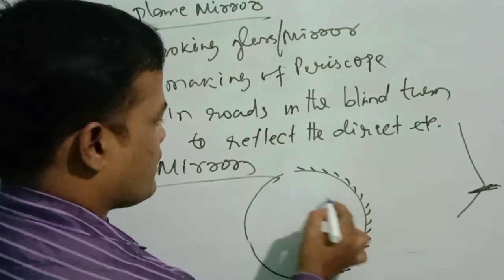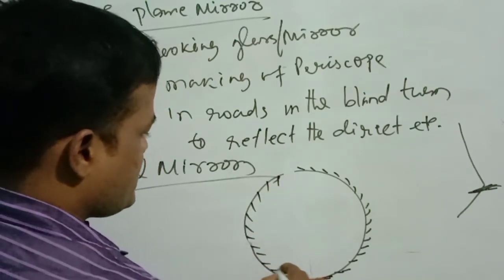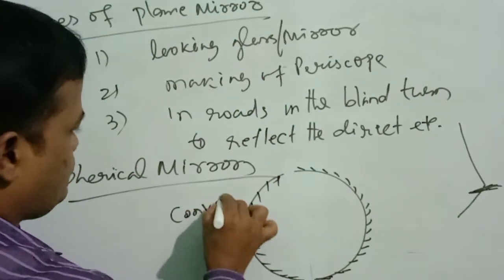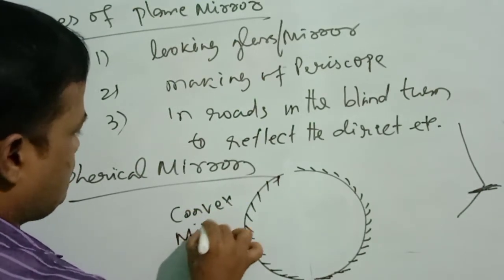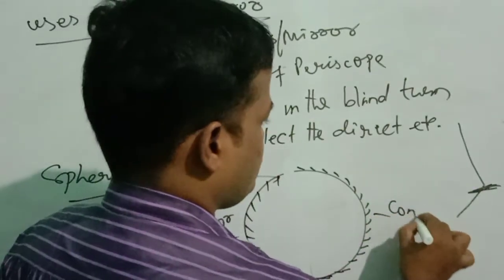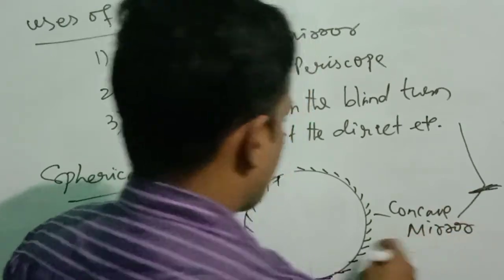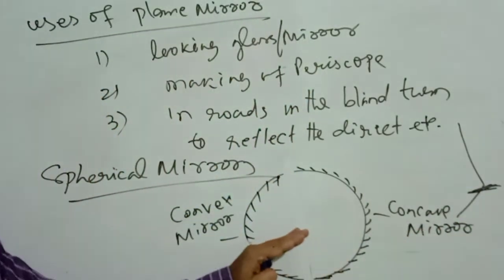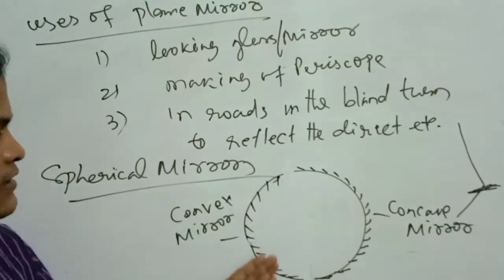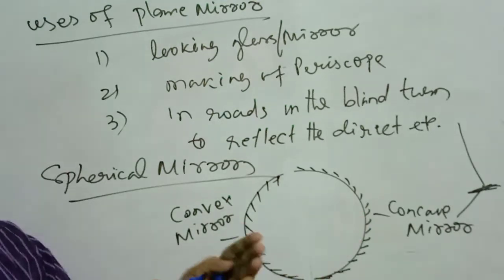If we are coating the inner side, then this will be a convex mirror. The reflecting surface here is concave, and here the reflecting surface is convex. This is your concave side, and this is called the convex side.